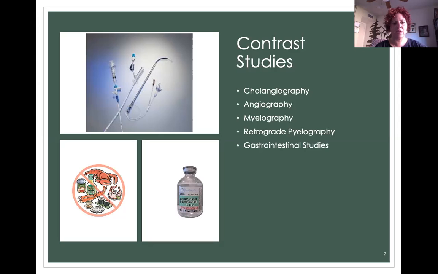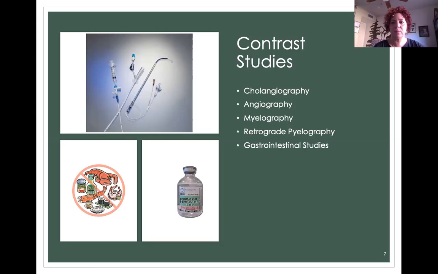So I did put those images up there just to trigger your brain. And then this here is a cholangiogram catheter. This is the catheter right here. And there's another type that's going inside this little introducer. But intraoperatively, we'll do cholangiograms.